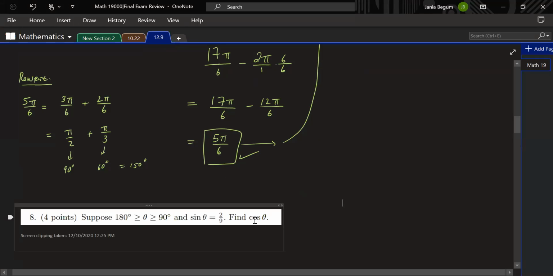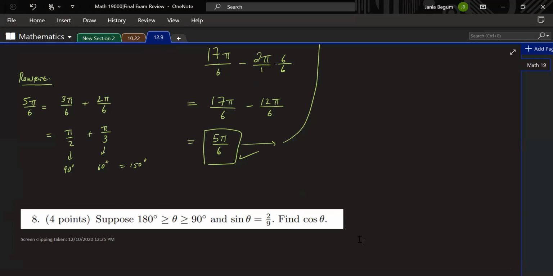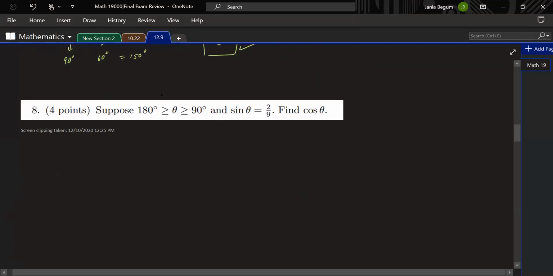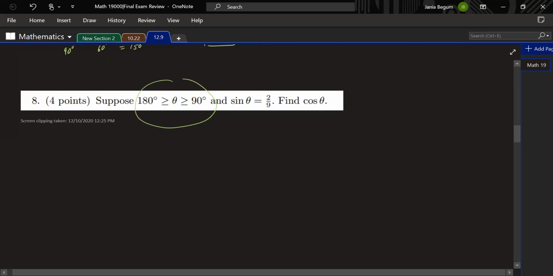We want to figure out what cosine theta is, given that sine theta is 2 over 9. We're also given which quadrant we're going to draw the angle in. This boundary tells us which quadrant theta belongs to. We're given sine of theta and looking for cosine, so we have to create a right triangle.